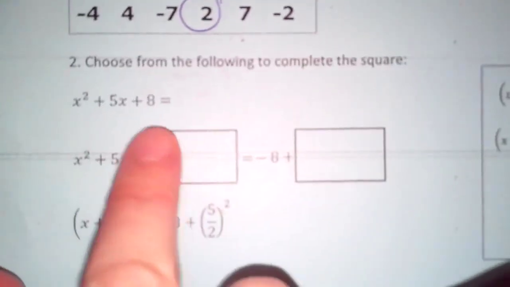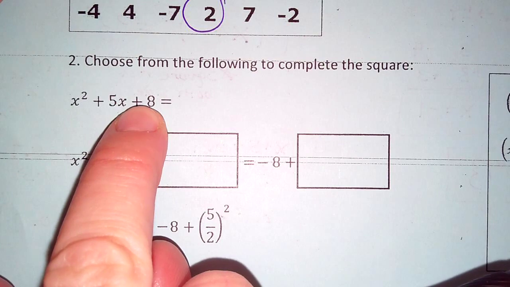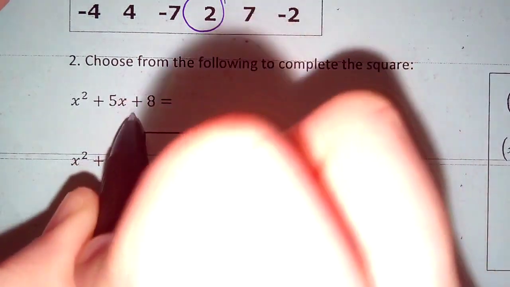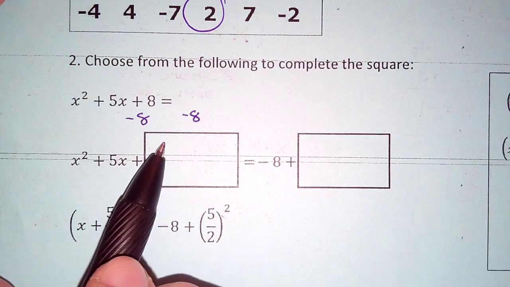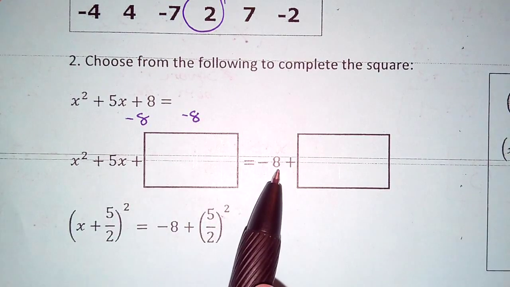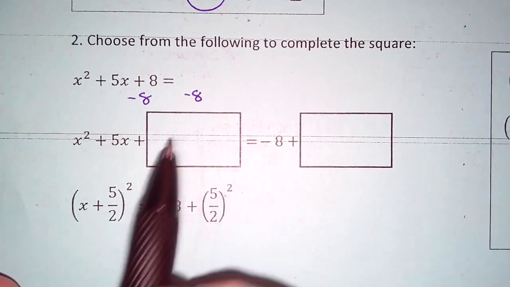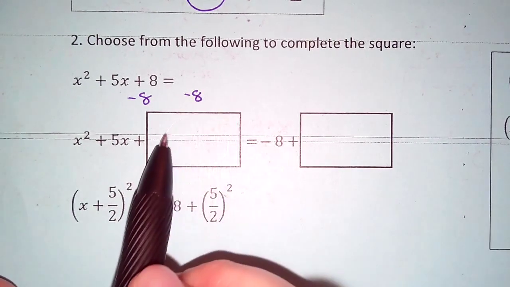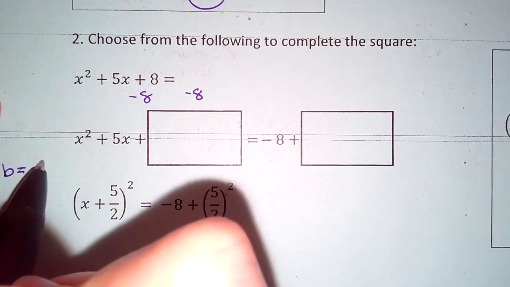All right. So the first step would be to move the 8 to the other side, so subtracting 8. Looks like it's gone on this side, and we have negative 8 over here. So it looks like they're doing it right so far. To get this number, we would take the b term, which is 5.